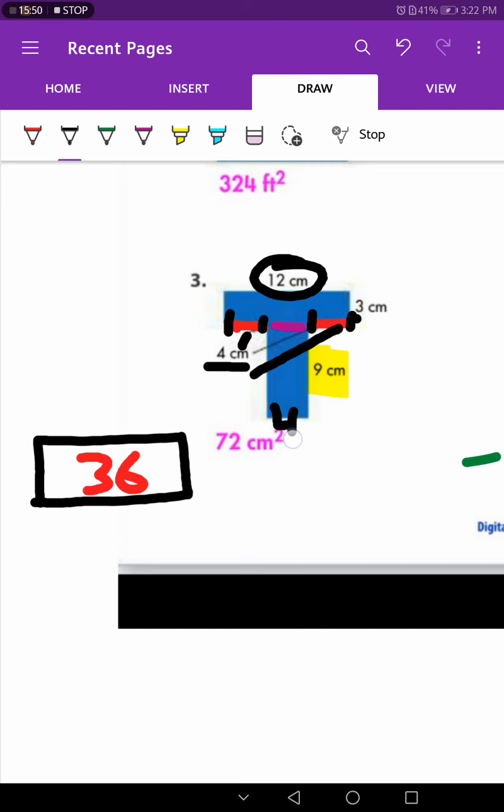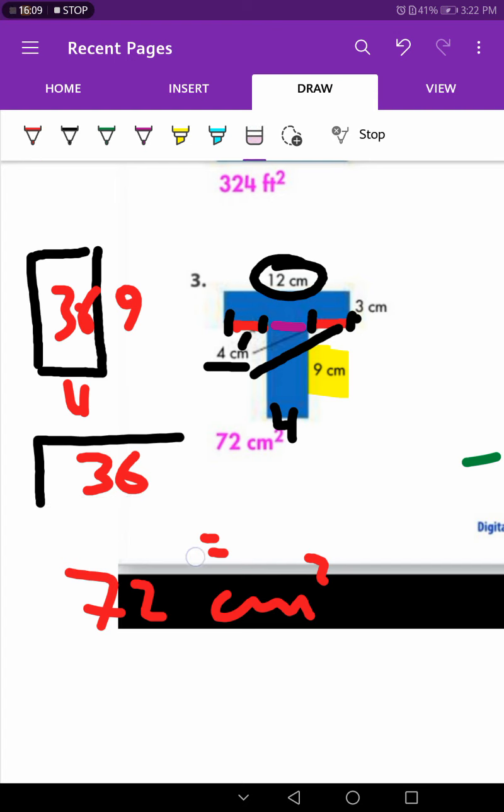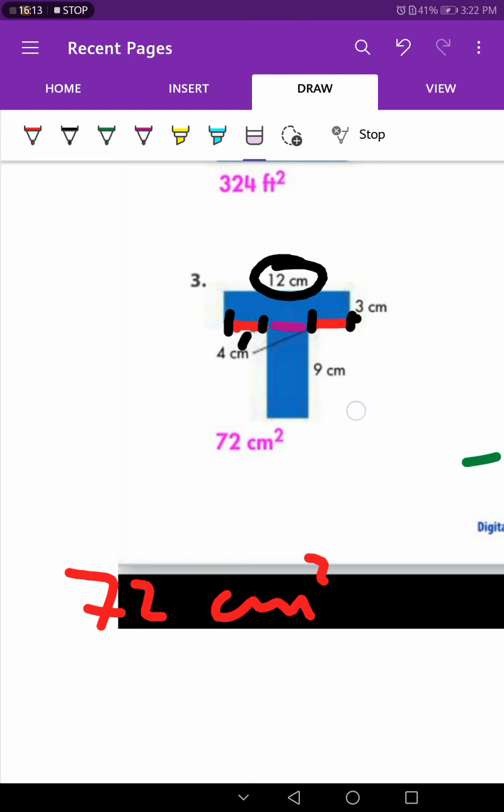So this is 9 and 4. So I find the rectangle with 9 and 4, which equals 36. 36 plus 36 equals 72. What is the unit? Centimeter square. So I need 72 centimeter squares to cover this polygon.